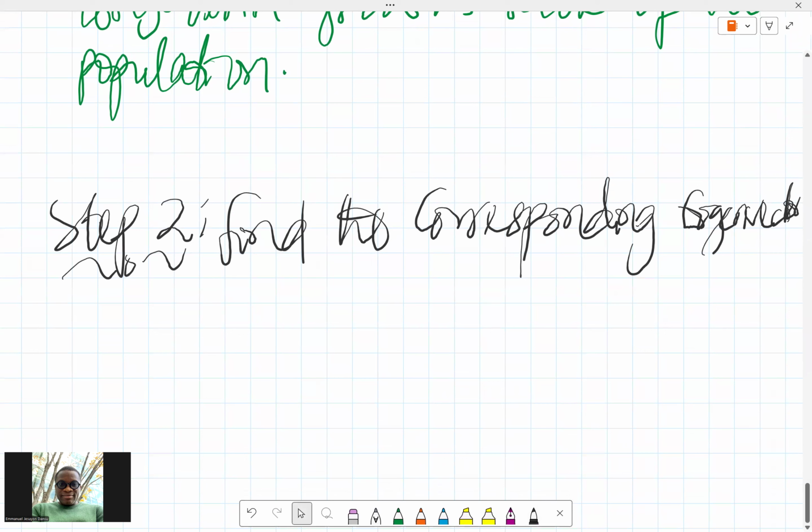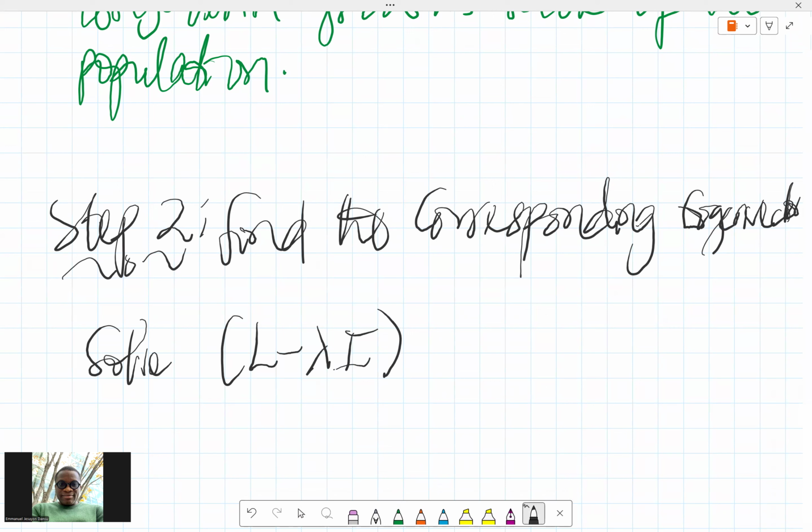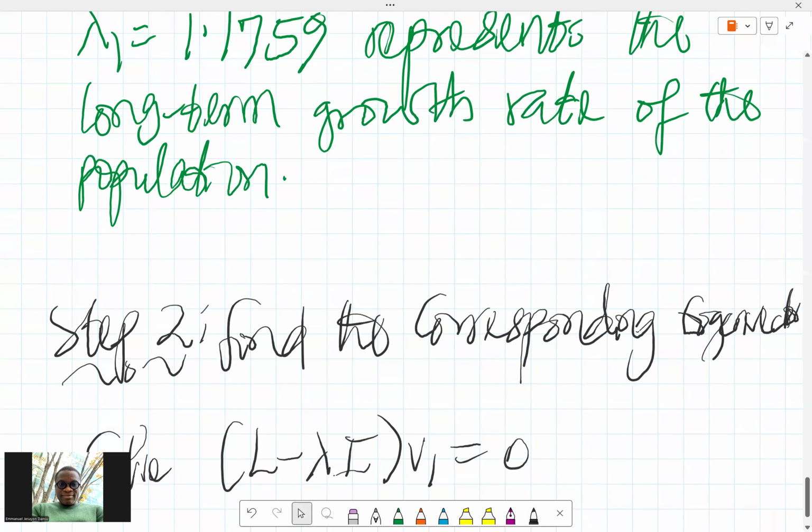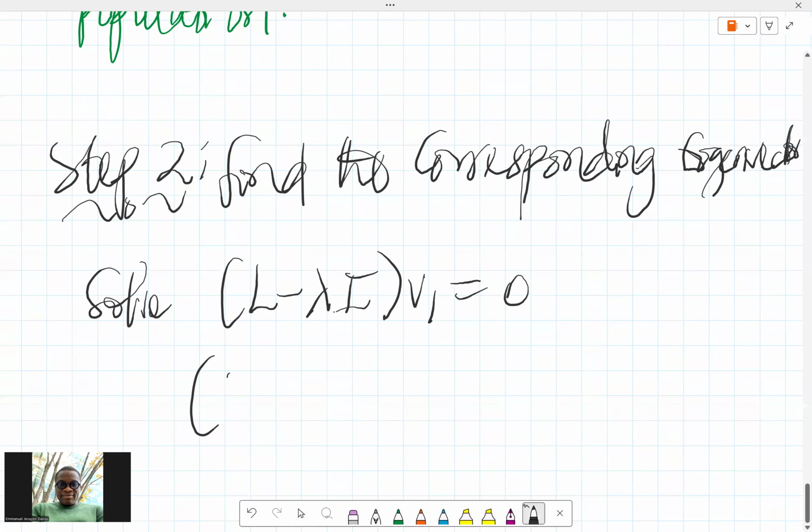So in that case, we need to solve L minus lambda I times V1, which corresponds with the dominant eigenvalue. We know the dominant eigenvalue is 1.1759, so we just have L minus 1.1759 I, times V1 equals 0.